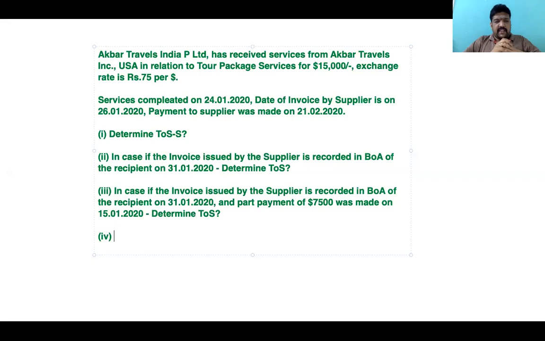It was recorded in the recipient books on 31/1. The balance payment to the invoice happened on 21/2.